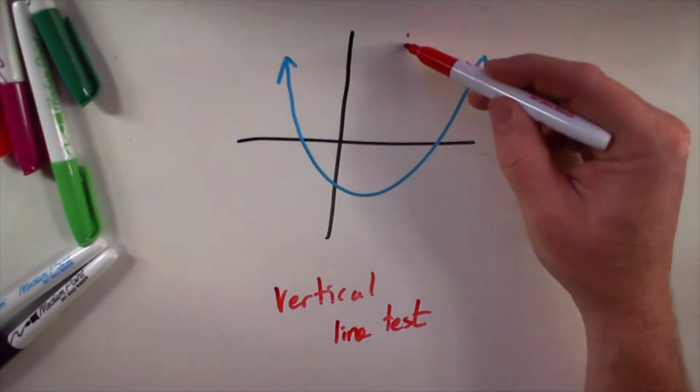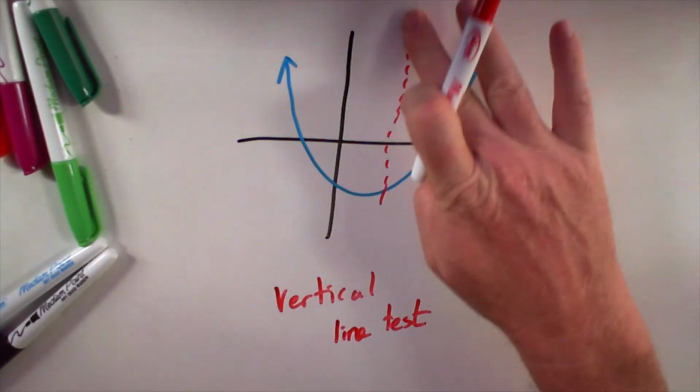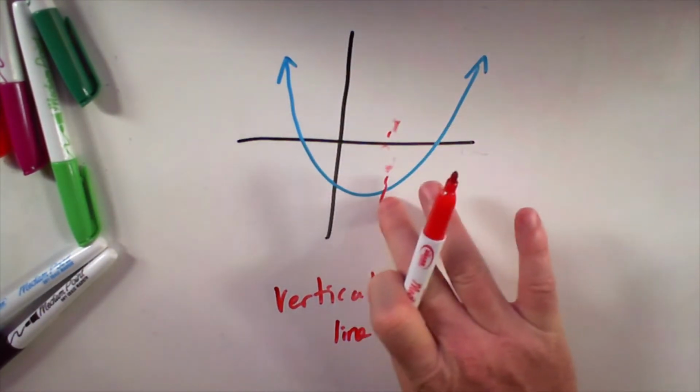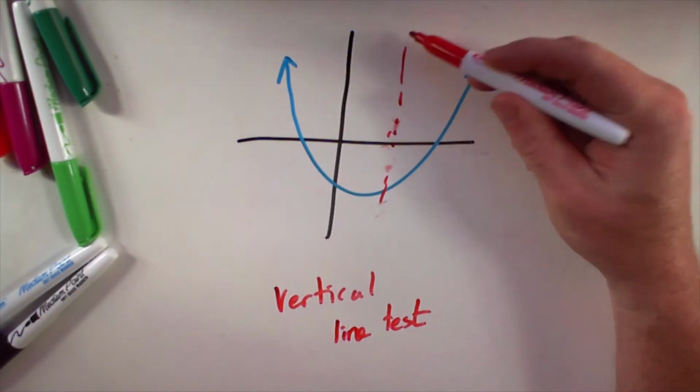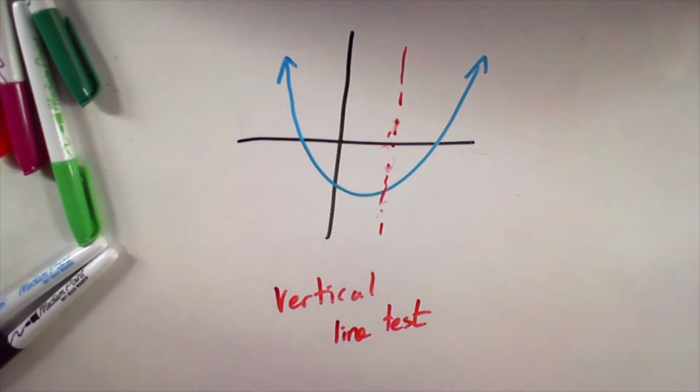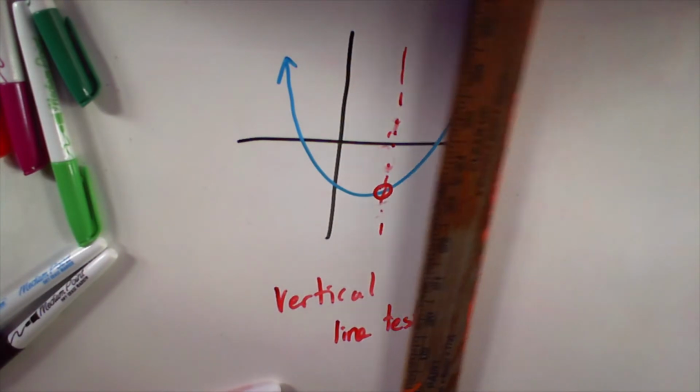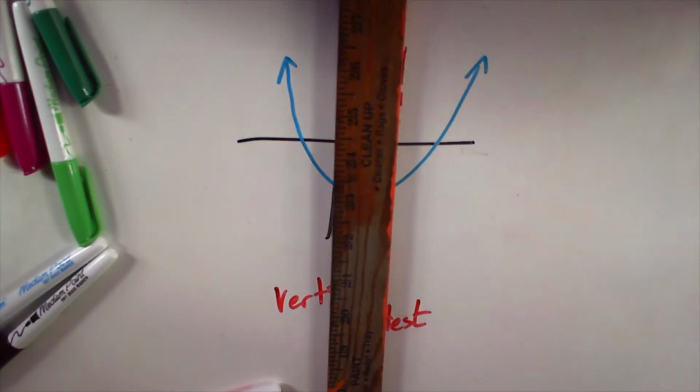So if I take a vertical line, a better vertical line than that. If I take any vertical line, it only intersects at one point. So I could take a straight edge, a ruler, a pencil, whatever, and run it along the course of that function.